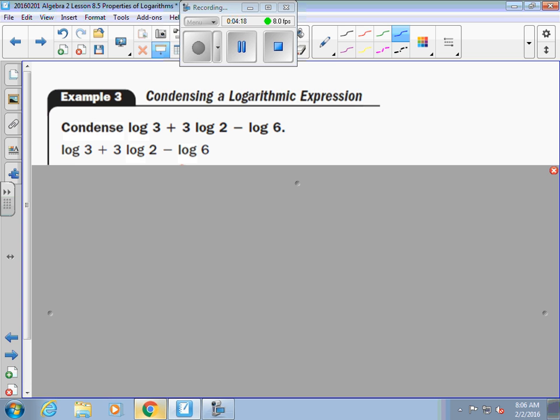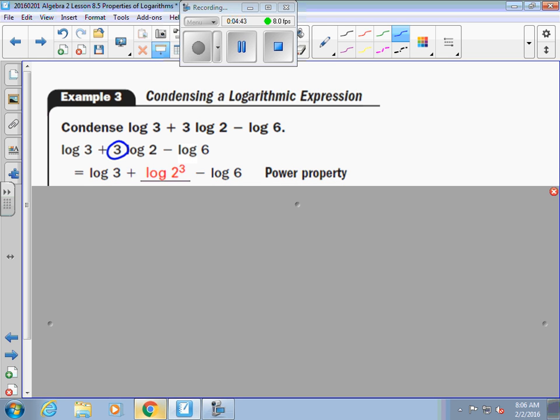That was expanding them. Here is condensing them. So now we're just going backwards of all of that. You have log of 3 plus 3 times log of 2 minus log of 6. The first thing you do is move this 3 into the exponent position.